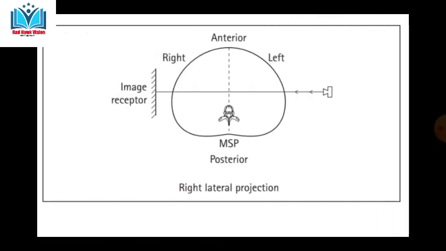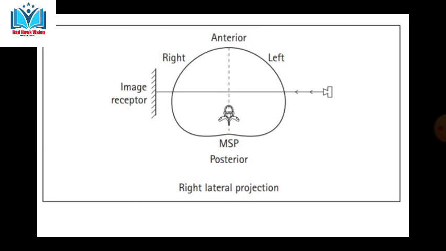And next, we also have the lateral projection, when the central ray passes from one side of the body to the other along a coronal and transverse plane.